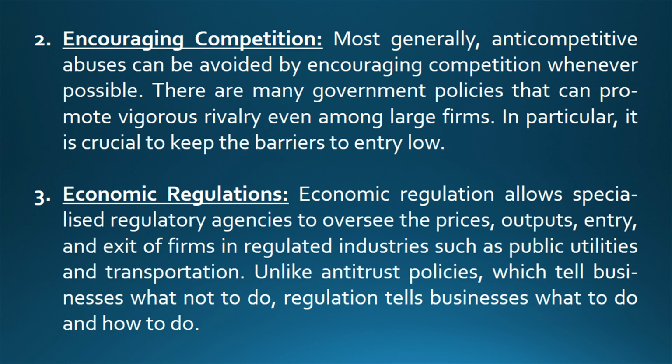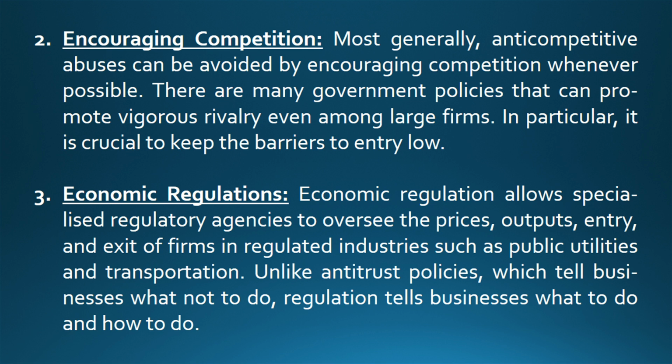2. Encouraging competition. Most generally, anti-competitive abuses can be avoided by encouraging competition whenever possible. There are many government policies that can promote vigorous rivalry even among large firms. In particular, it is crucial to keep the barriers to entry low. 3.